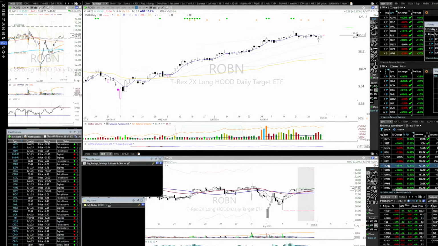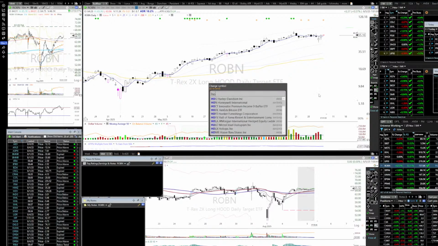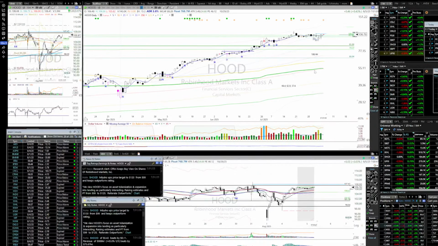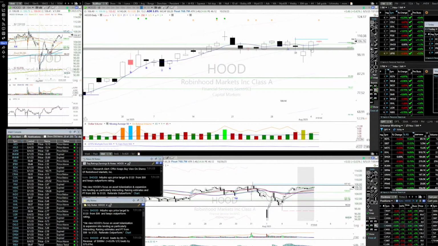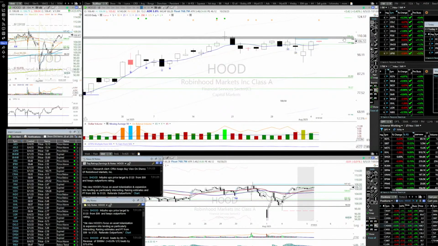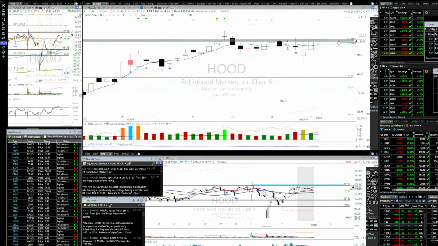Hood. Yeah, why not? Actually, Hood setting up. Oh, kind of. Already set up. Yes, broke yesterday. But there's more. We can do a pivot here.